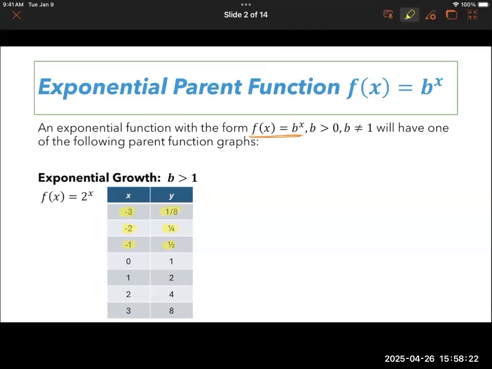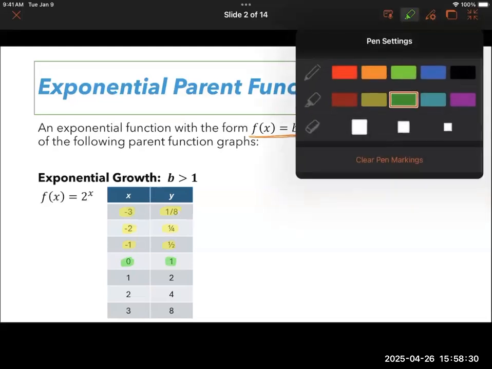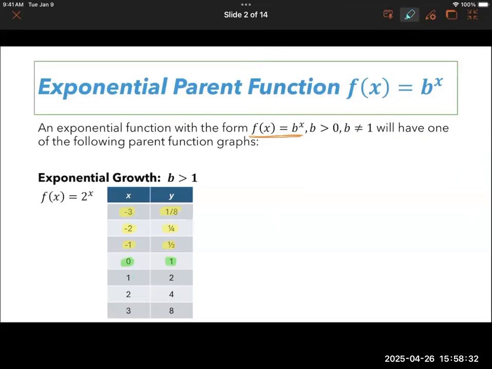Then when we use 0, we're going to get 1, and that's true regardless of what our base is. And then when we're using our positive exponents, we are getting those larger results. And as the x gets larger, the results will get larger.